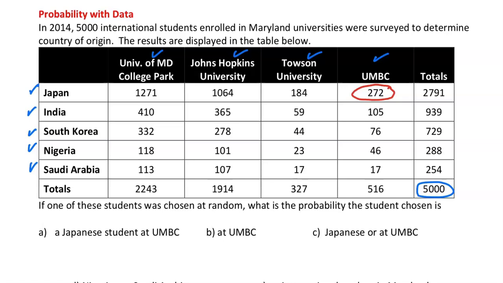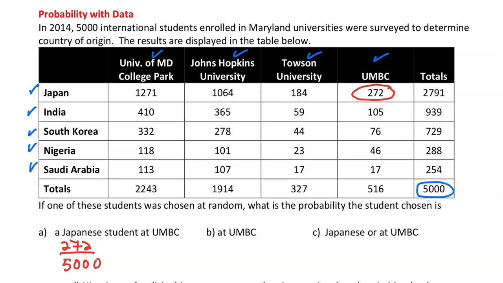So if you're going to choose one of these students, you have a 272 out of 5,000 chance that that student is a Japanese student at UMBC.